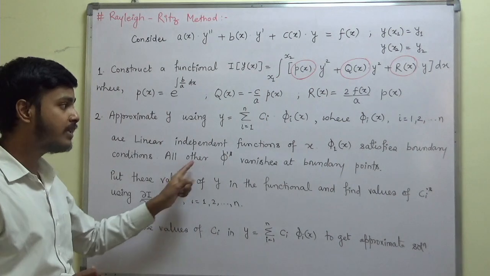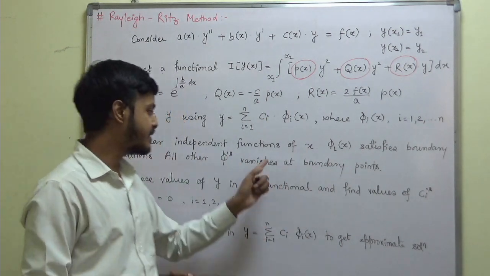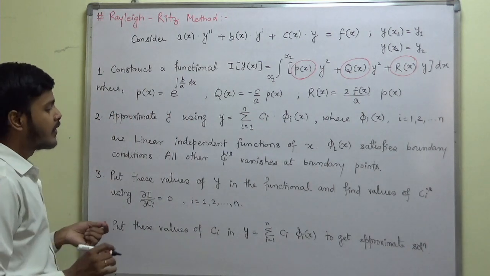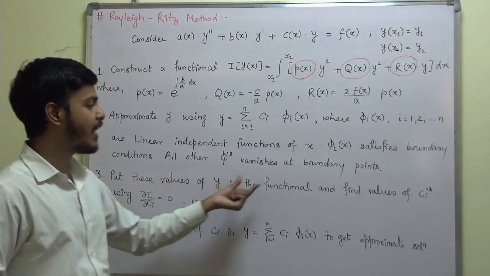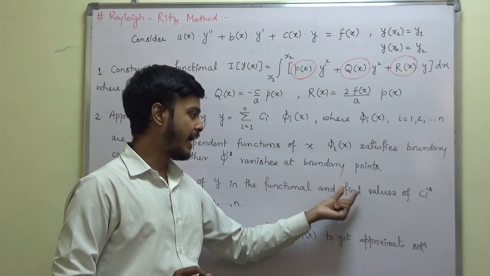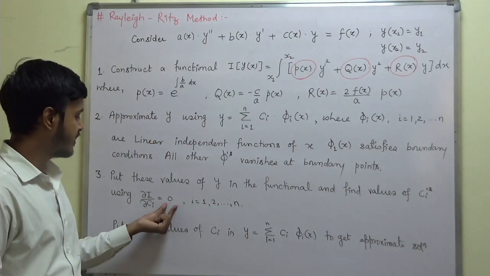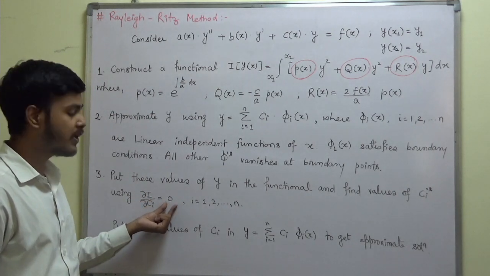Okay? And all the other phi's vanish at the boundary points. That is my step number 2. Step number 3 says, put these values of y in the functional and find the ci's using del I by del ci equal to 0.